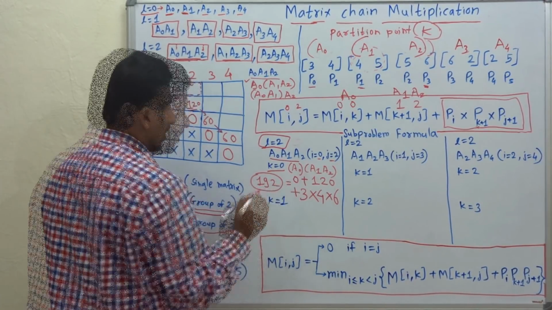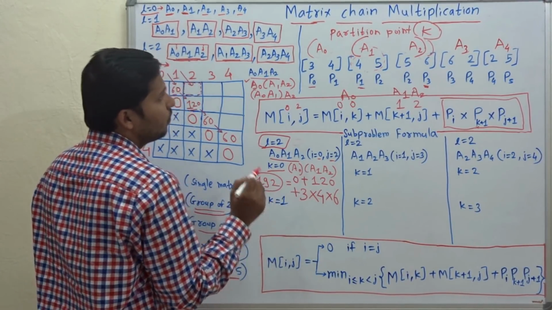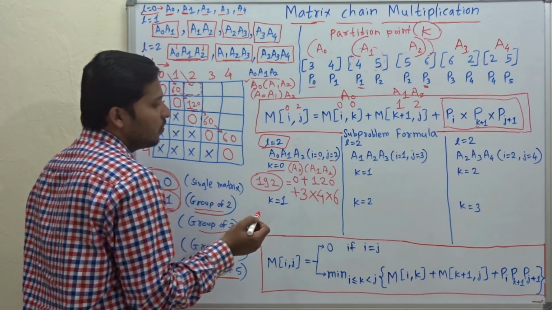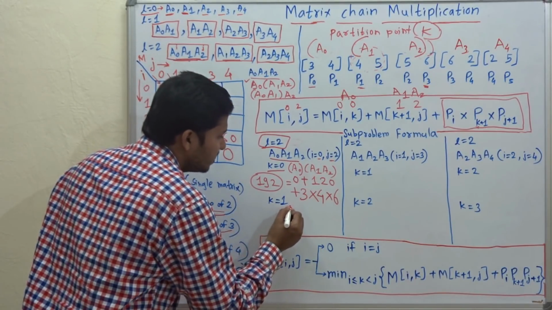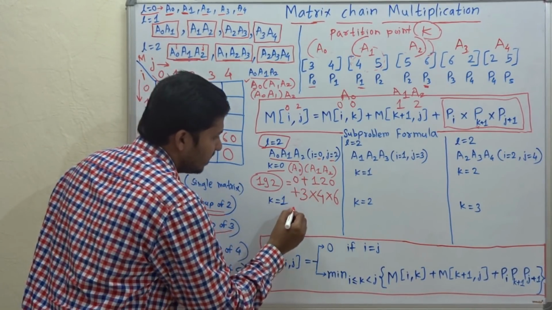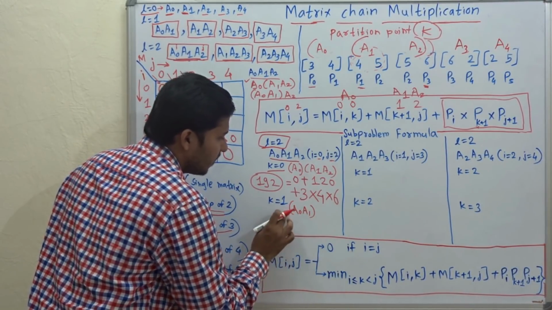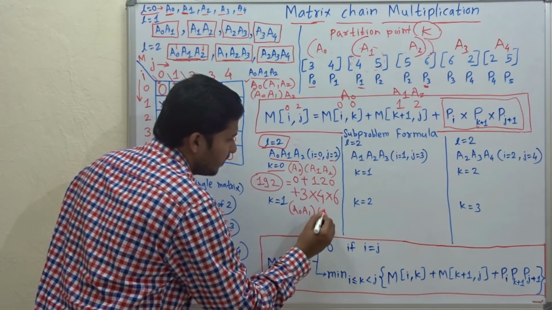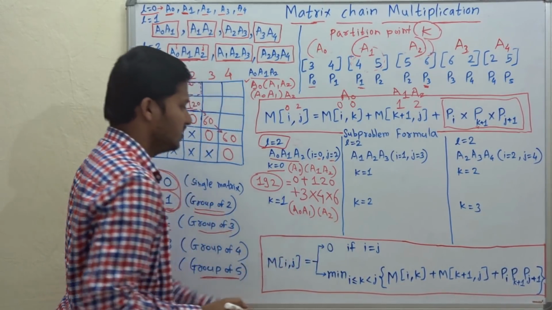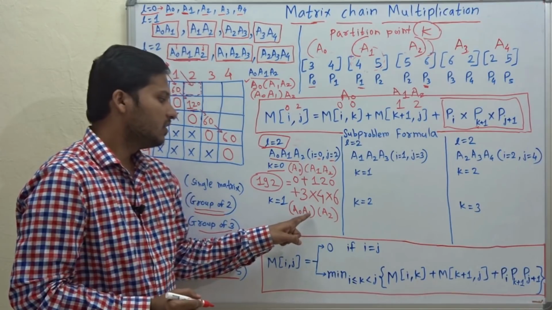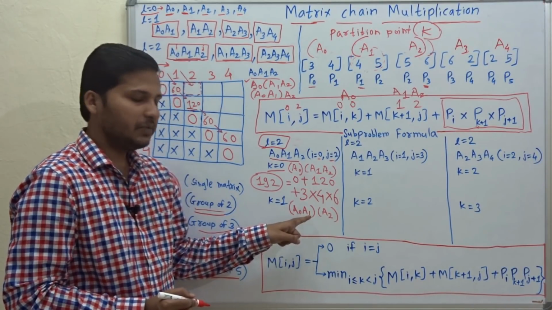That is the total. Now when k equal to 1. What is the meaning of k equal to 1? It means the partition has the first matrices, A0 and A1, in one partition and the remaining A2 in another partition. That is k equal to 1. This is the partition point.